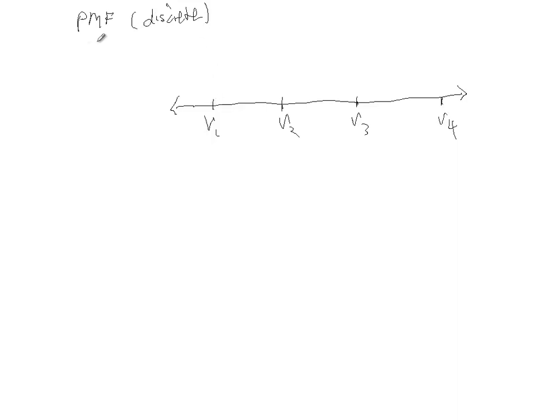And the way we would represent the probability mass function is we put bars above each value that represent its probability. So the height of this bar, for instance, would represent the probability that your random variable X takes the value v2. Okay? Capital X is used to denote the random variable. Remember, random variable is something like an experiment. We're saying the probability that your experiment results in the value v2 is going to be represented by the height of this bar. All right?